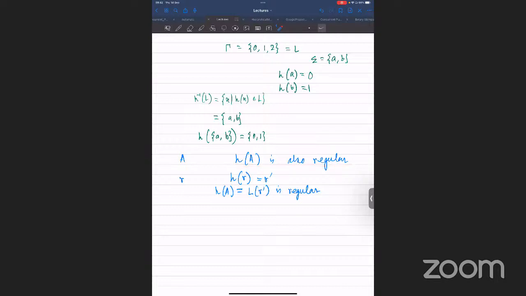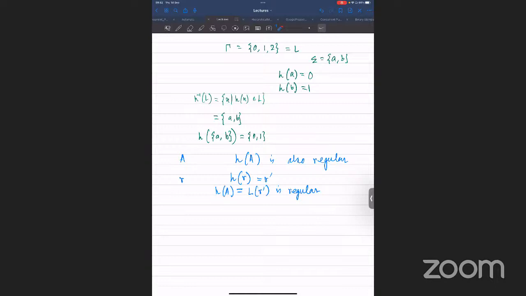So we were trying to show that regular languages are closed under homomorphism. You consider a homomorphism H. Now, one way to do this is to consider the regular expression R for A. You consider H of R, which is say R prime, and of course, since it's a regular expression, we know that L of R prime is regular. Hence, if we can show that H of A is nothing but L of R prime, then we also show that H of A is regular. Clear? This was the proof idea.